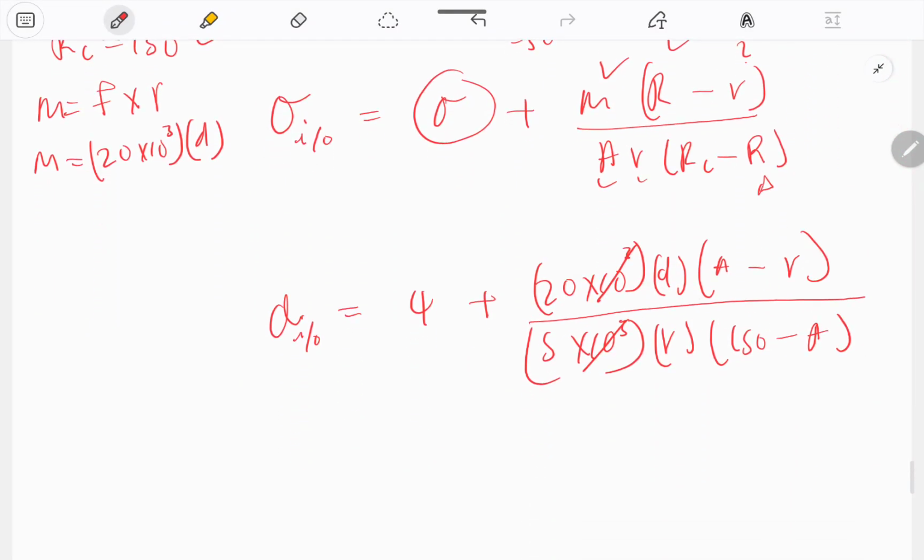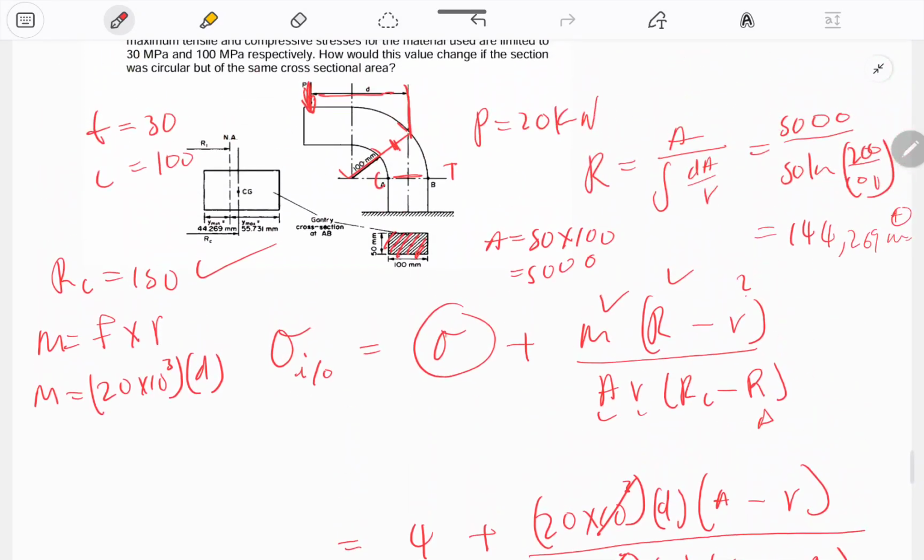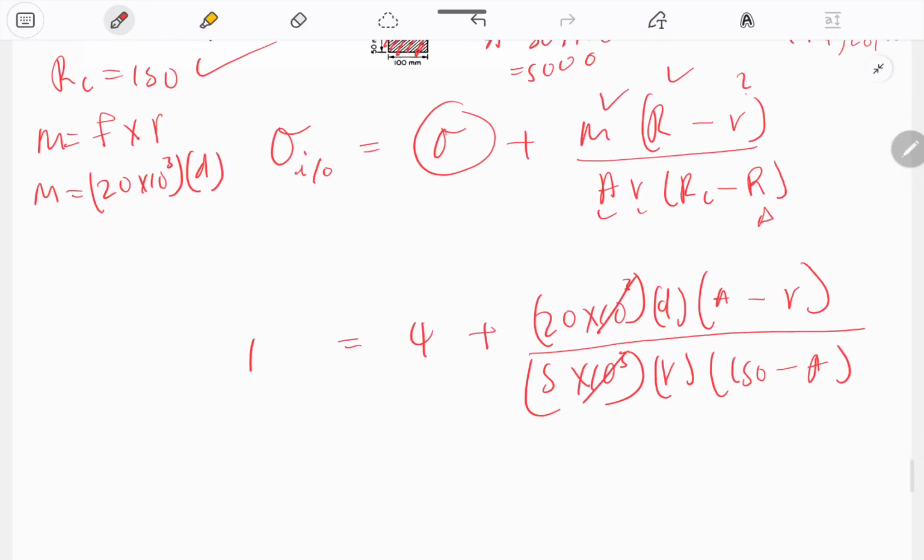Cool. So technically we're going to change this guy. If we're interested in inside, we said it is going to be compression. You pick 100 and it goes here. I'm putting 100 MPa because everything here has mm's, that means MPa is cool. So technically you just put this on your calculator and expect your calculator to solve D for you. Let me say D if inside.